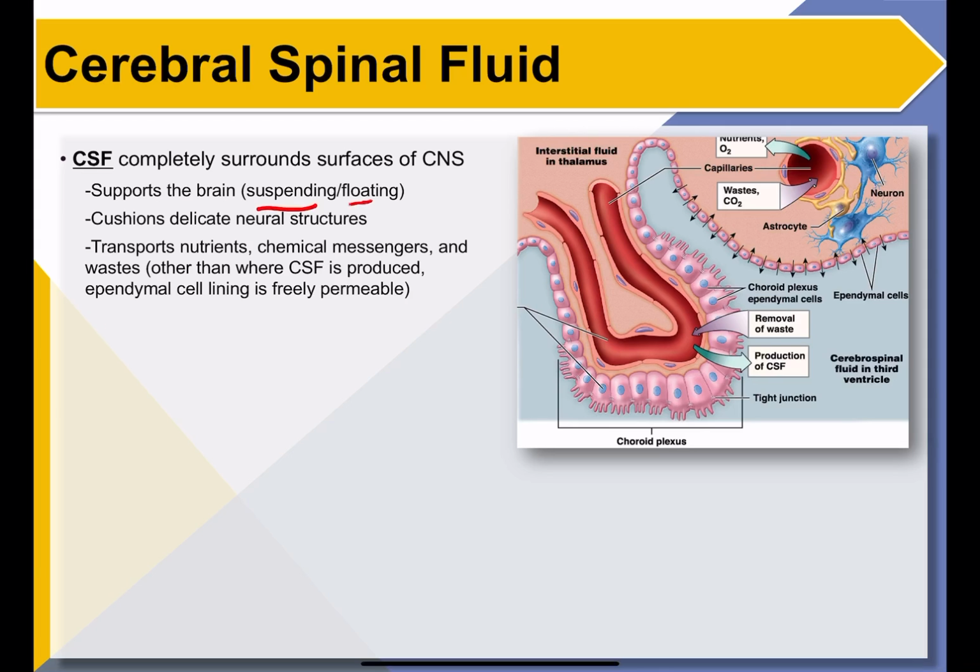It also cushions delicate neural structures, because the nervous system is one of the most important organ systems we have, and yet those neurons don't divide once they are damaged. We can rely on some repair for the peripheral nervous system, but for the central nervous system, we almost can't afford for it to be damaged in any way, and that's why there are all these different layers, cerebrospinal fluid, and other structures for cushioning and anchoring the brain to our skull.